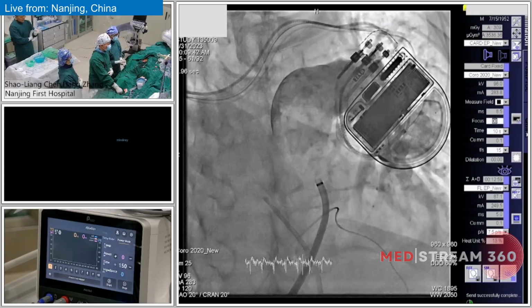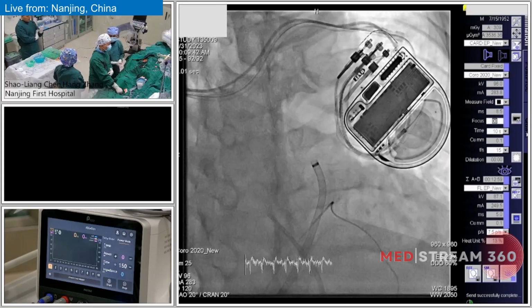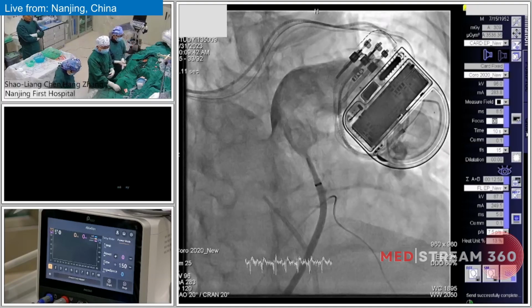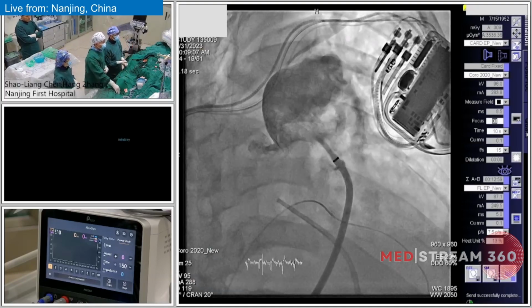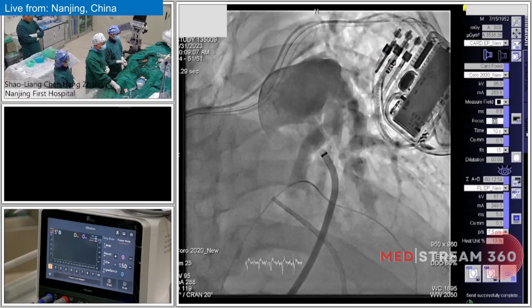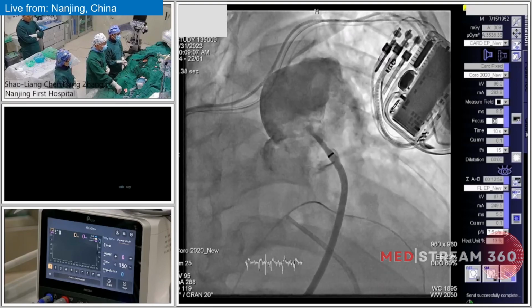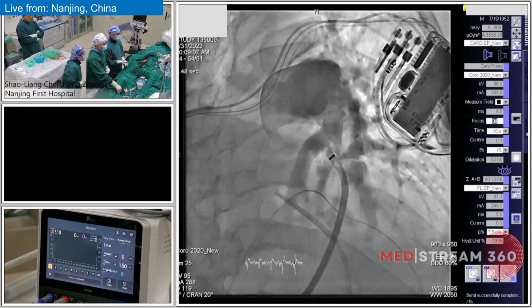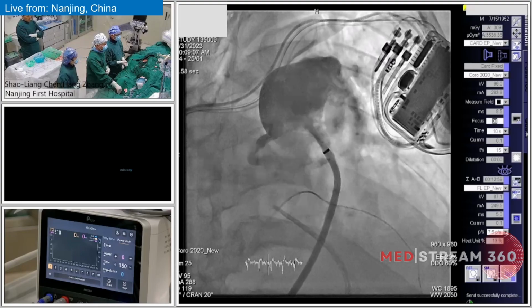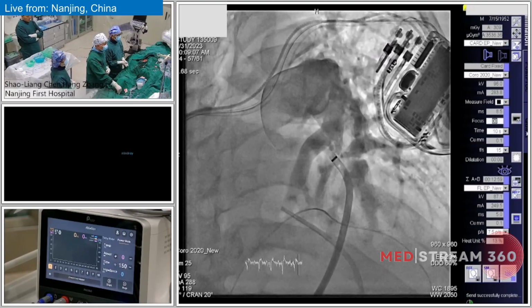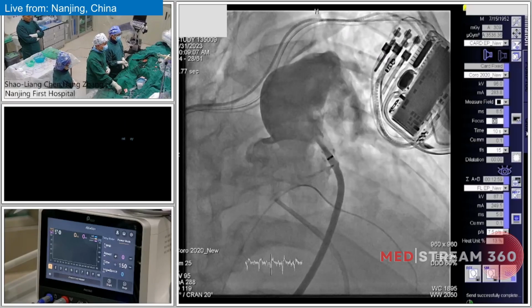Dr. Zhang, can you show the angiography? So this is the angiography to confirm the long sheath tip is very close to the orifice of the left branch.